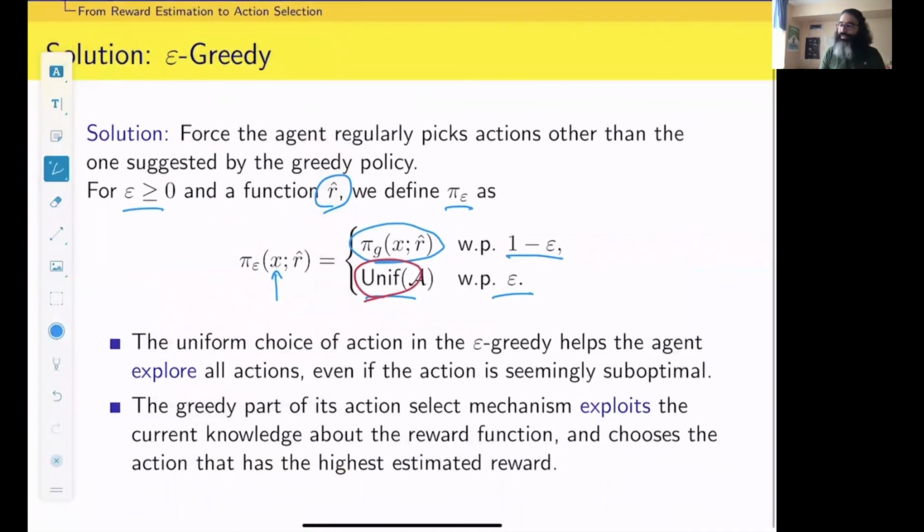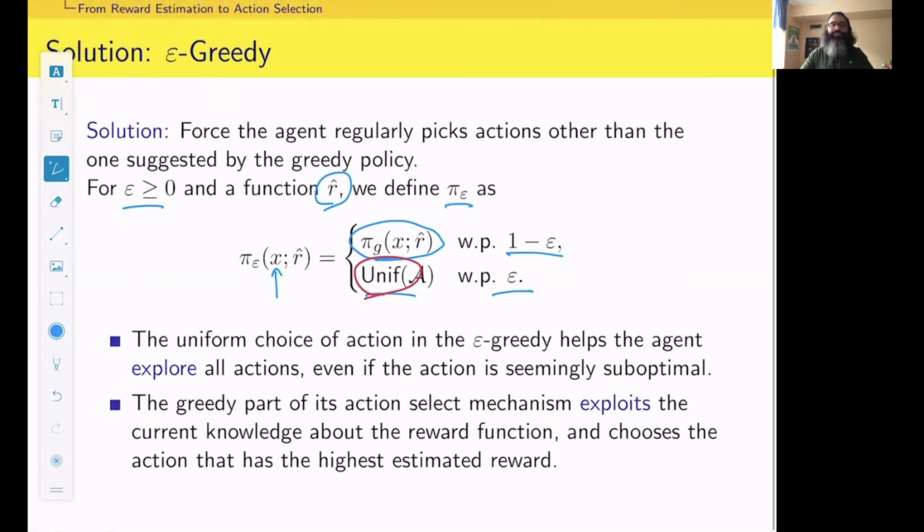The uniform choice of action in epsilon greedy helps the agent explore all possible actions, even if an action doesn't seem to be optimal, even suboptimal actions. The greedy part is based on the current knowledge of the problem, which is encoded here by r hats.